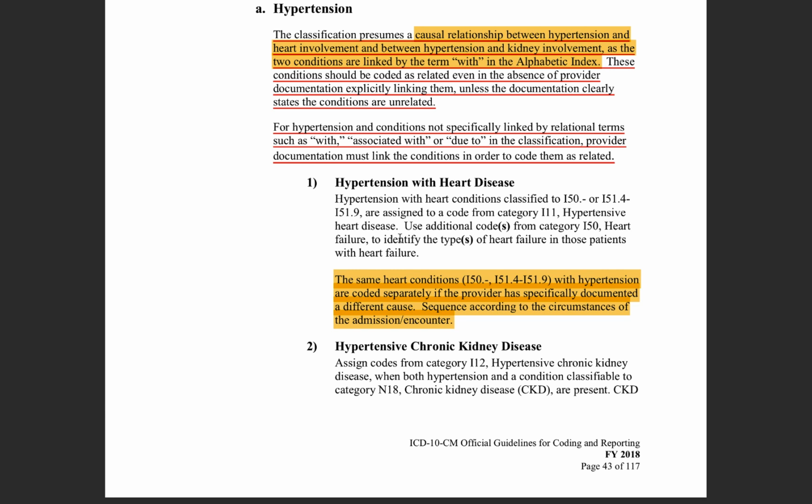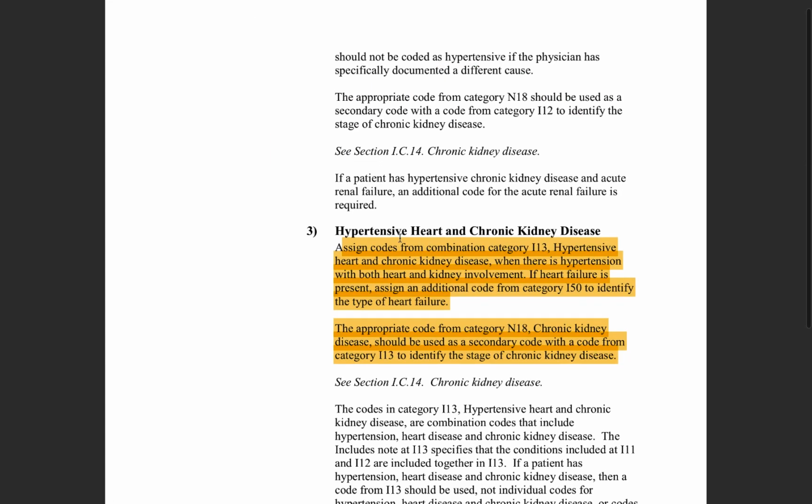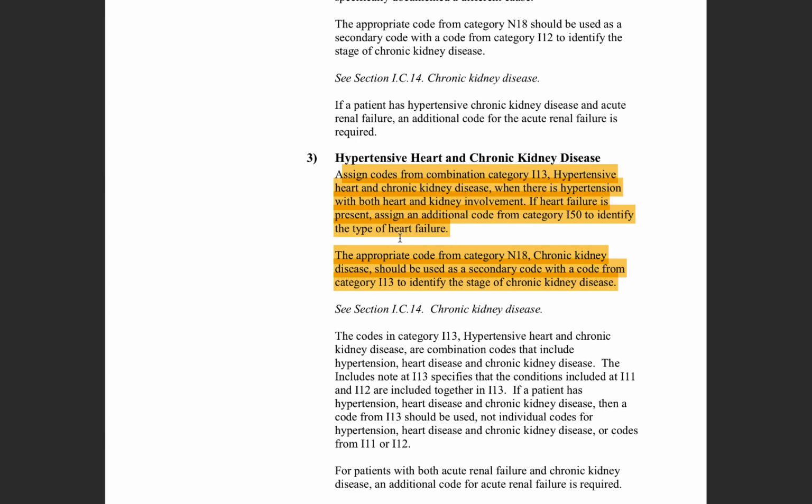Instead, you would use a code from category I12. The appropriate code from category N18 should be used as a secondary code with a code from I12 to identify the stage of chronic kidney disease. And it is referencing the guideline for chronic kidney disease. If a patient has hypertensive chronic kidney disease and acute renal failure, an additional code for the acute renal failure is required.